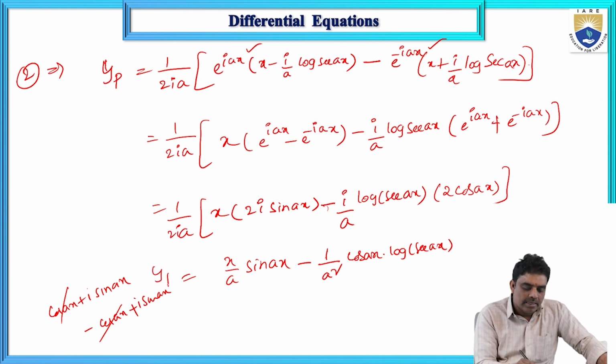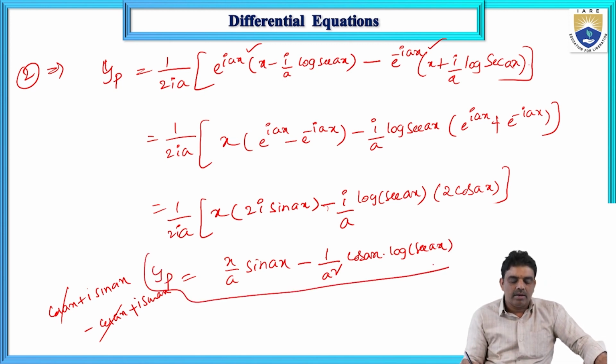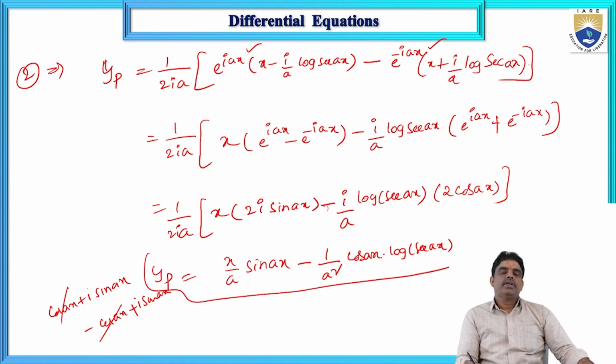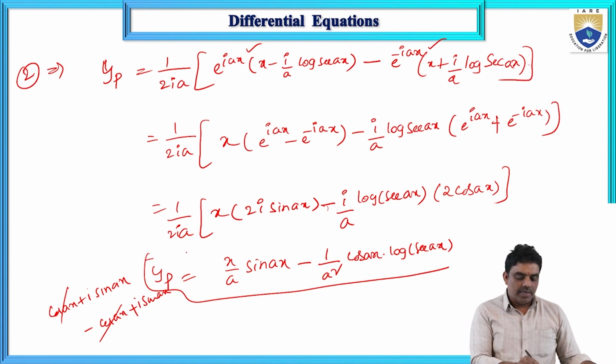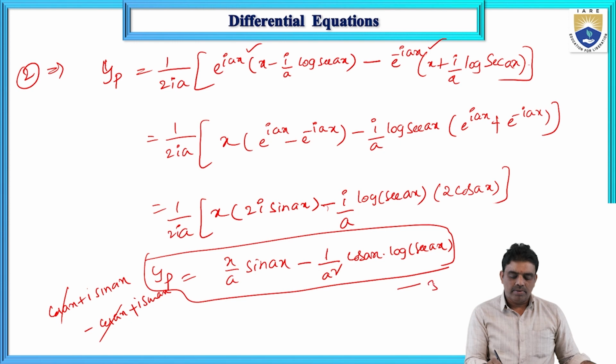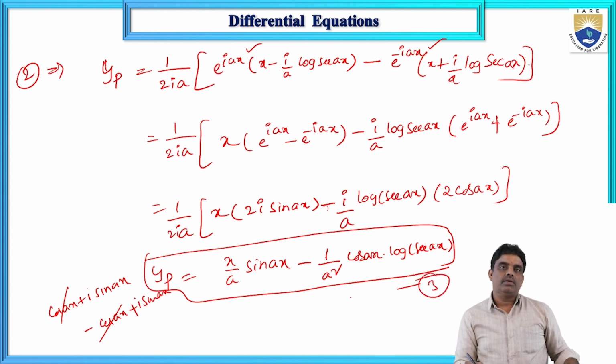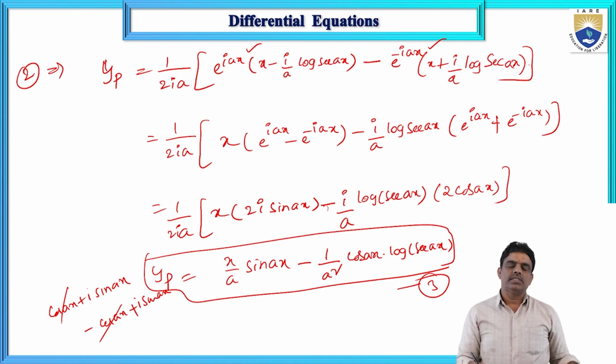So this entire term is called the particular integral of the given differential equation. We already reached yc, and we got yp as x by a sin ax minus 1 by a square into cos ax into log secant ax.